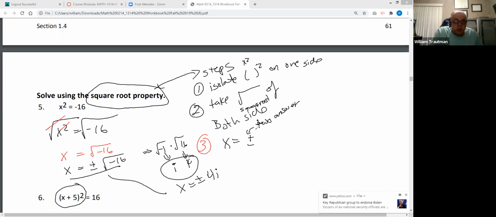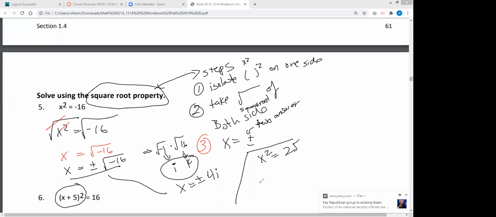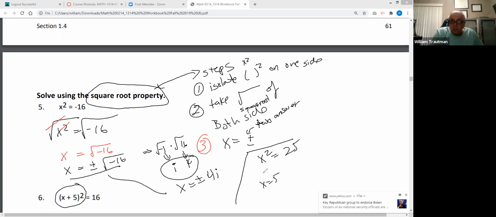I'm going to show you why. If I have x squared equals 25, can somebody tell me what number goes into the x so I get 25? What does x equal? 5. X equals 5. But watch this. I just want to make sure everybody sees this. I'm going to put it in my calculator, because I think you see things better on the calculator.